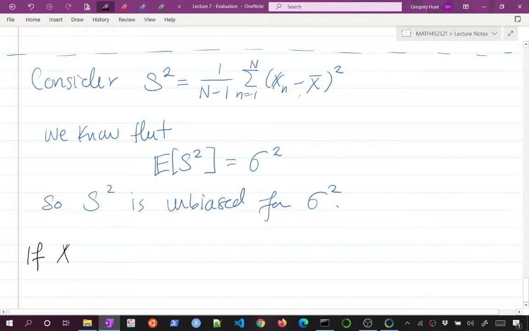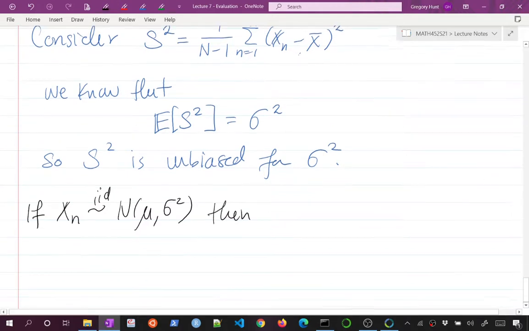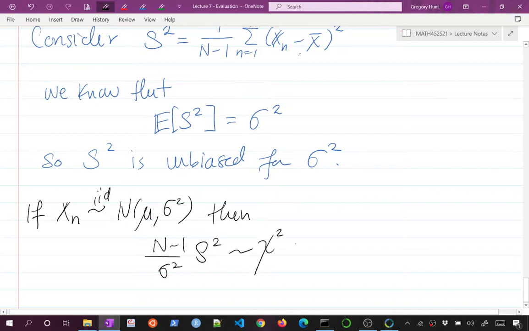So if at this point we were to assume that it's not just that the data has a mean mu and a variance sigma squared, but it is actually normally distributed, then we knew something else, which was that n minus 1 over sigma squared times S squared had a chi-squared distribution with n minus 1 degrees of freedom.